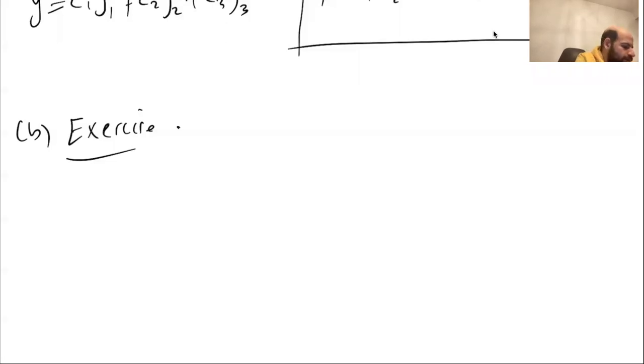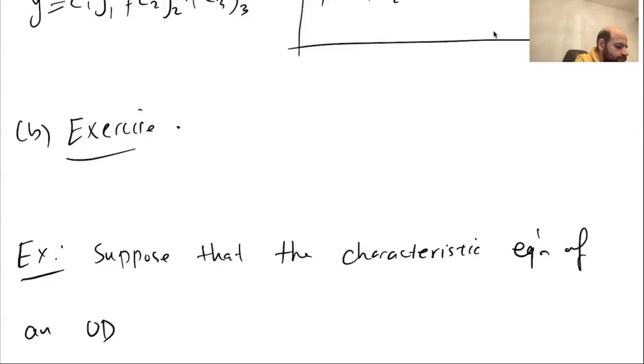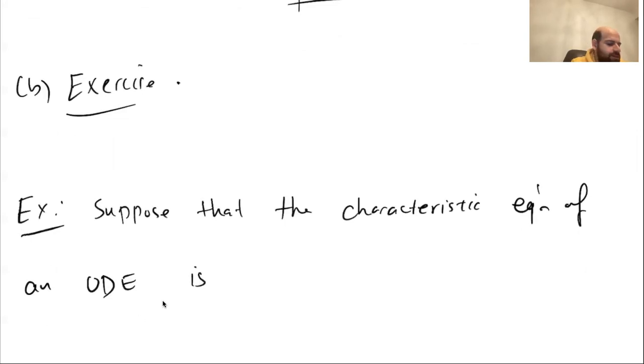Okay, the next example. Suppose that the characteristic equation of an ODE is, let's say, (r squared plus 1) squared times (r minus 3) equals 0.